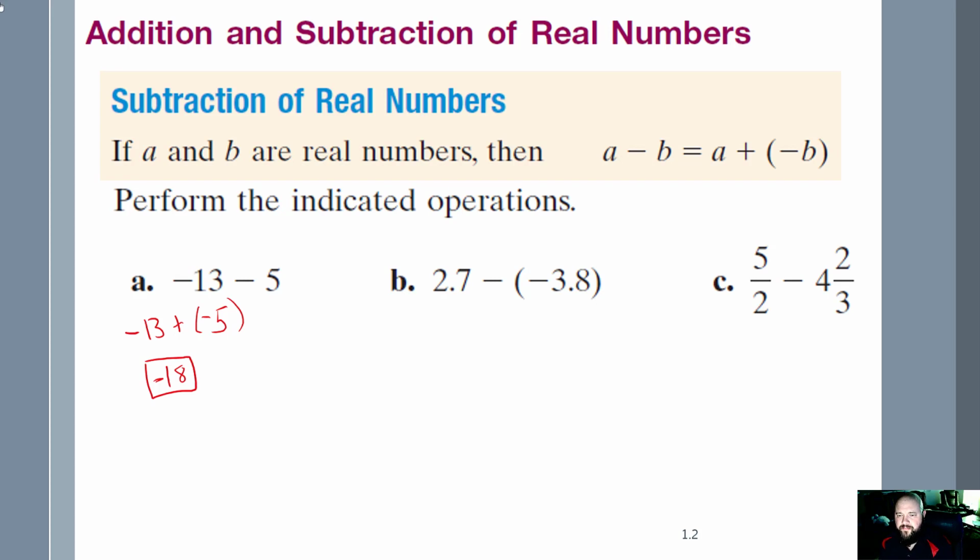For part B, let's rewrite it again as well. So we can say 2.7 plus a negative 3.8.